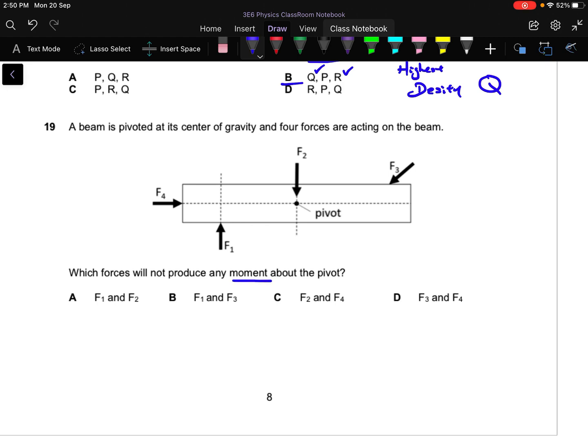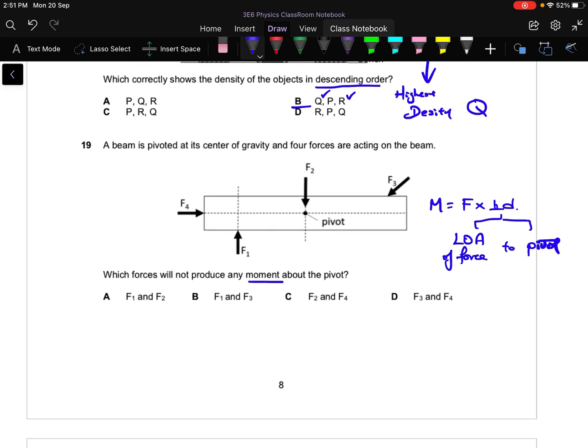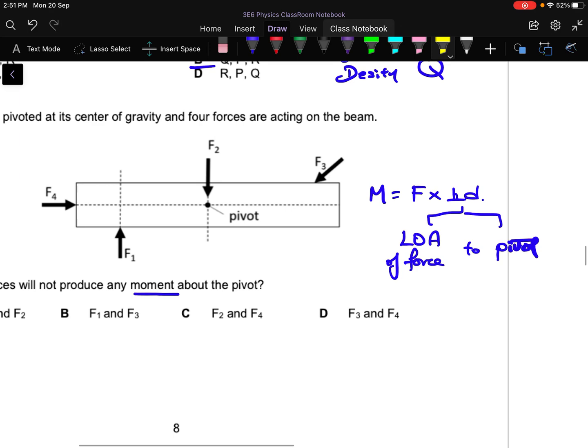For your Q19, it is about moment. You should know that the moment is given by the force multiplied by the perpendicular distance. This perpendicular distance is from the line of action of the force to the pivot. Let me use this opportunity to recap with you.